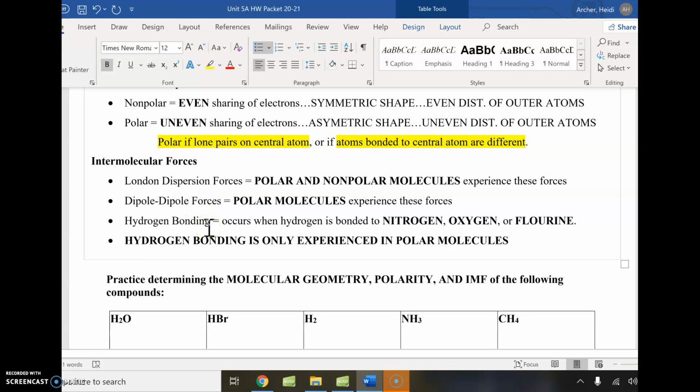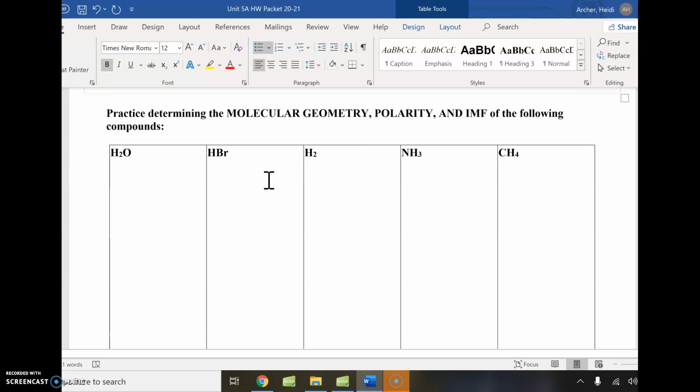If our molecule is non-polar, the only force that applies to a non-polar molecule is London dispersion forces. So this takes us down to looking at an entire example and everything that we can identify about it.